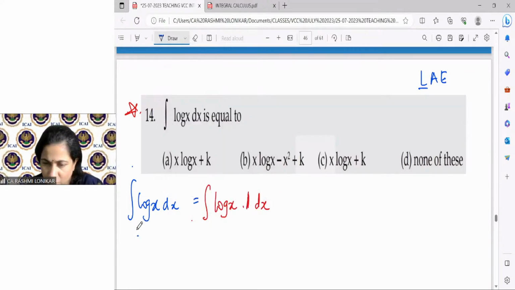So this is equal to what? Now, what is my u, the first function? It is log x. What is my v, the second function? It is 1.